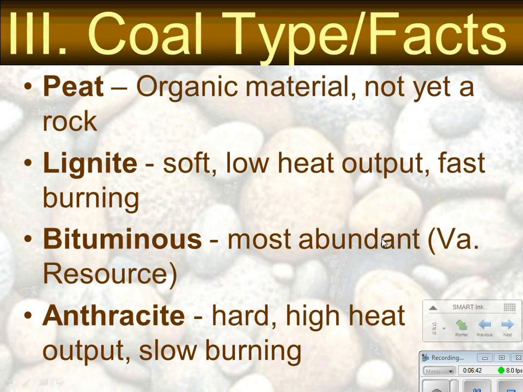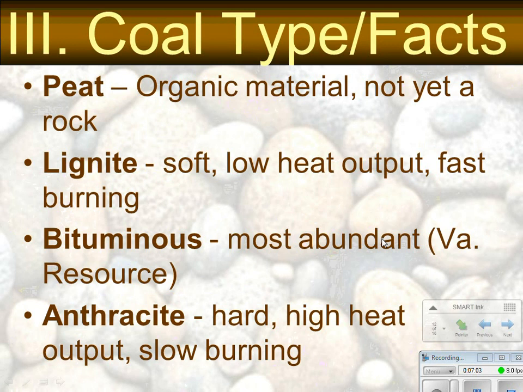And then some different things about coal. Generally, coal is going to be from sedimentary rock, although it can be from metamorphic rock. And there's some different types of coal. You've got peat, which is made from organic material that isn't yet a rock.